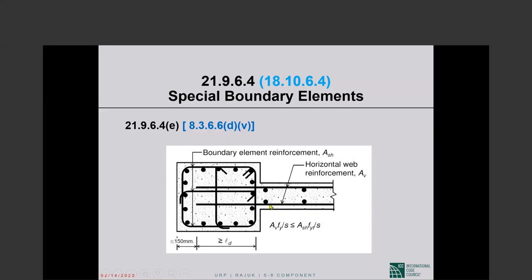Okay, here A sub v is the total cross-sectional area of the shear reinforcement, F sub y is the yield strength of the shear reinforcement, S is the spacing of the shear reinforcement, A sub sh is the total cross-sectional area of the confining reinforcement, F sub yt is the yield strength of the confining reinforcement, S is the spacing of the confining reinforcement. Okay, if you have sufficient length and that, then we are allowed termination of straight bars in the boundary element. Even then, you are asked to bring the bars within 6 inches of the end of the shear wall.